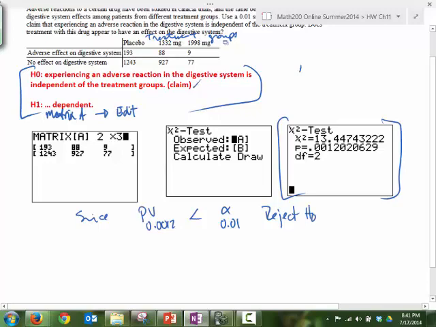So rejecting the claim, it looks like based on our flow chart, we can say we reject the claim that there is experiencing an adverse reaction, whatever.